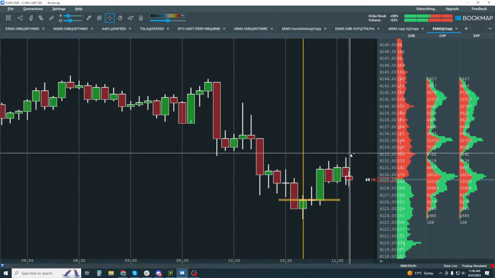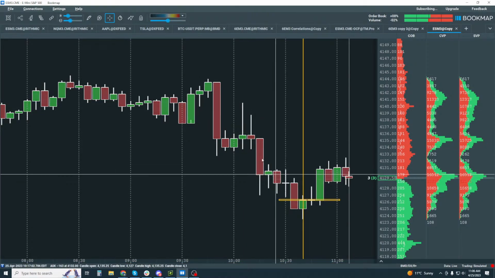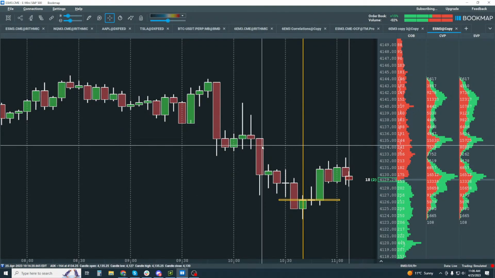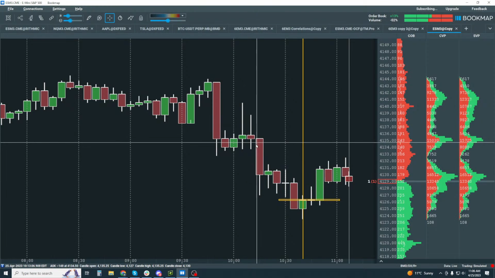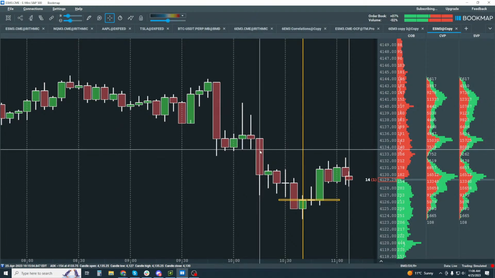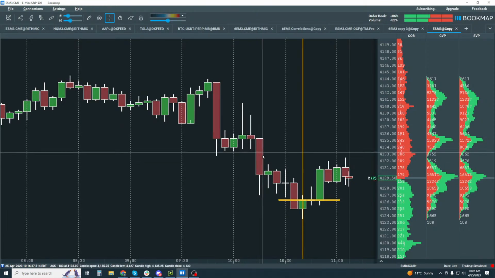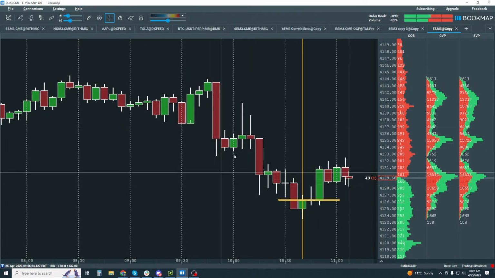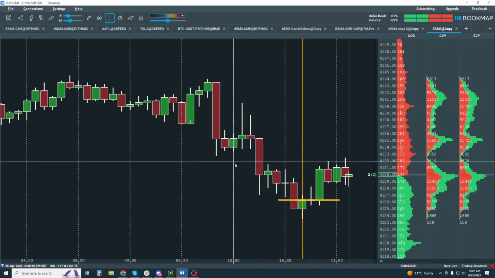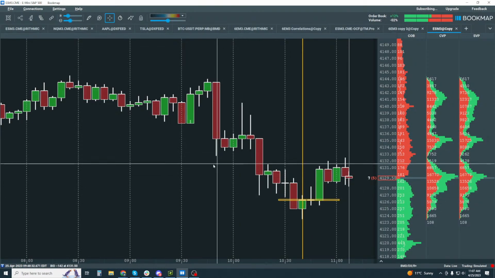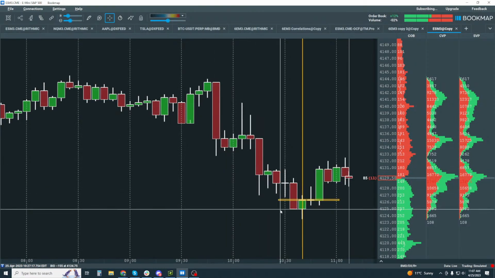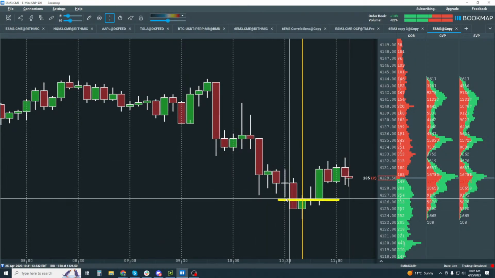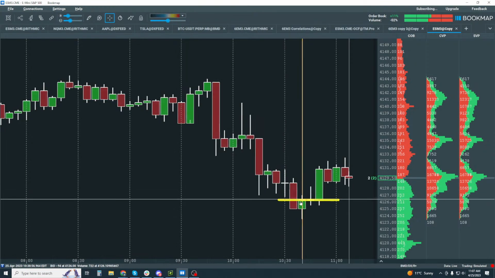Now we don't know the volume. Where's the volume transacting within this period? We don't know. We don't know little microstructural areas in here. We don't know where the liquidity is. We have no clue about where the buyers and sellers are. And then we were reading all of that absorption on the way down, or the traders getting filled on the bid on the way down, and then looking for that possible turnaround when we get that shift in the buyers.